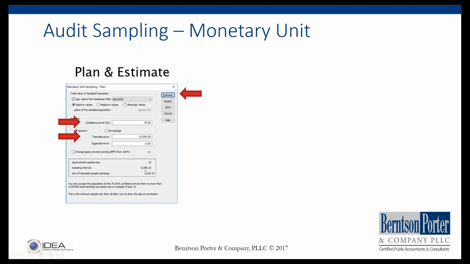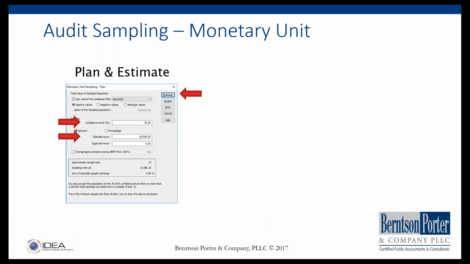And so this 8,588 is effectively what IDEA has calculated for the monetary unit formula to determine what an individually significant item is. So if an item is more than $8,588 outstanding balance, it's going to be picked 100%, just based on the way the formula counts.